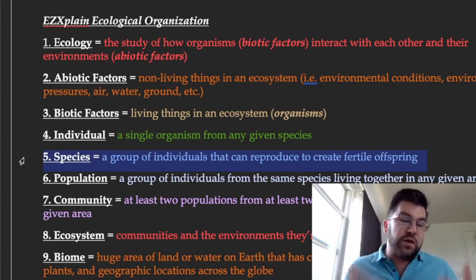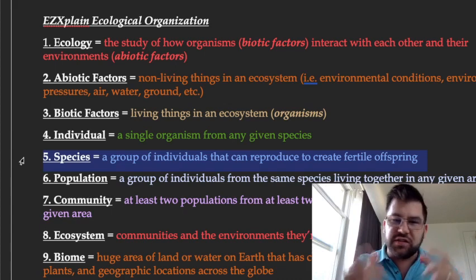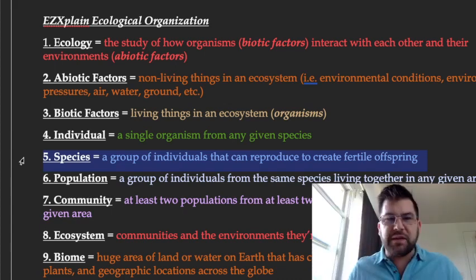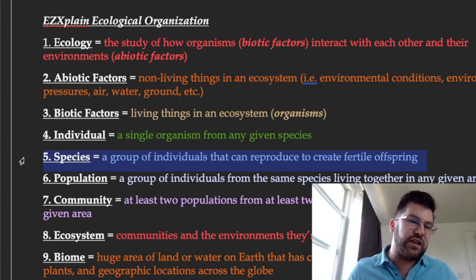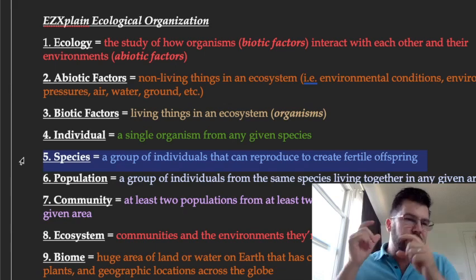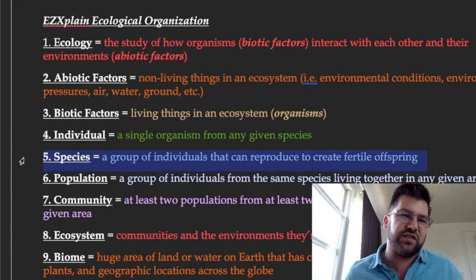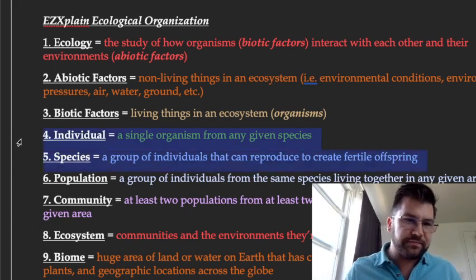It's any group that can reproduce and create fertile offspring. That's always the key component of being part of the same species. You need to be able to make babies that can someday make their own babies. Those fertile offspring are key for defining what a species is. So the tiniest level of the pyramid, or the smallest circle, is the individual level, looking at individuals of a species.